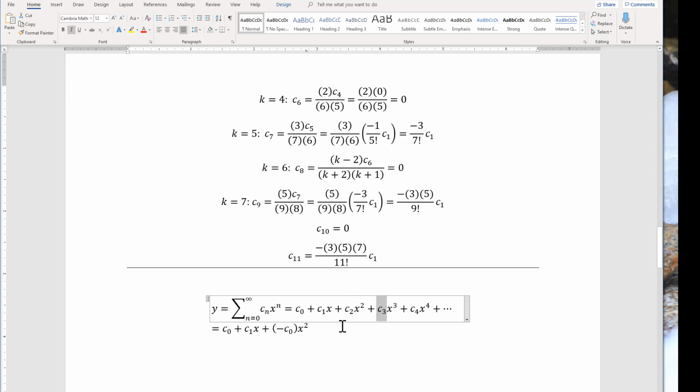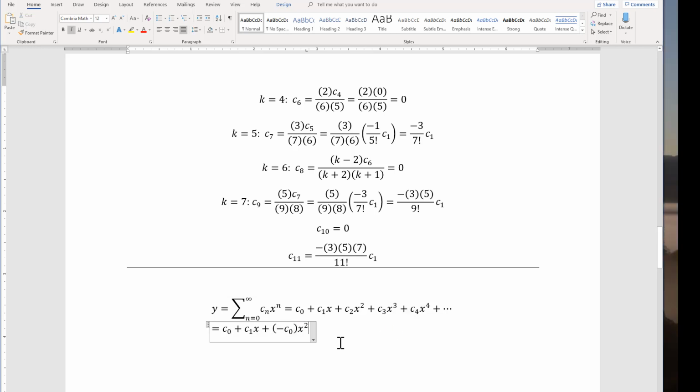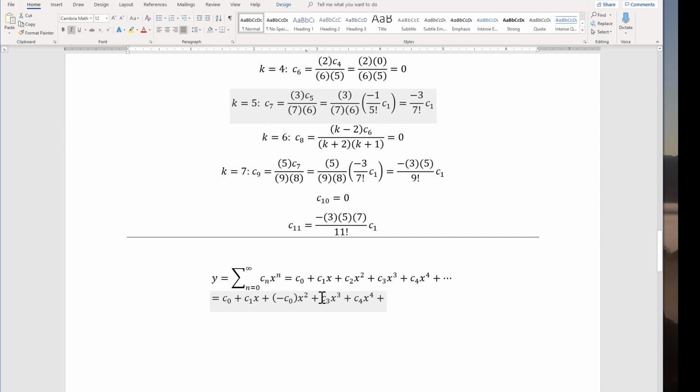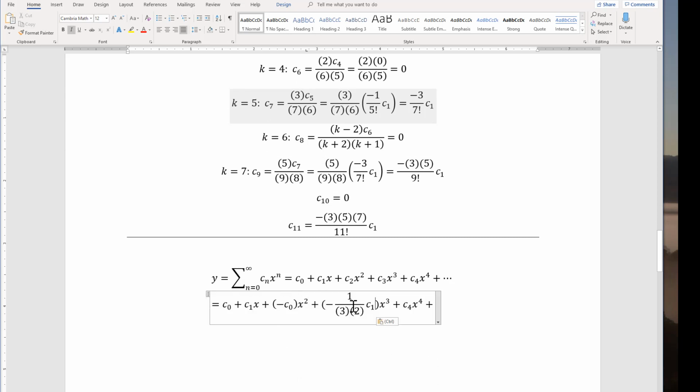C sub 3, maybe I should have just copied this. What was C sub 3 equal to? C sub 3 was equal to this thing that has a factor of C sub 1. C sub 4, remember that? That was equal to 0.